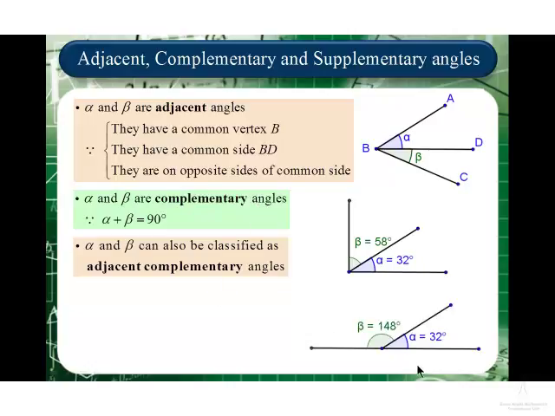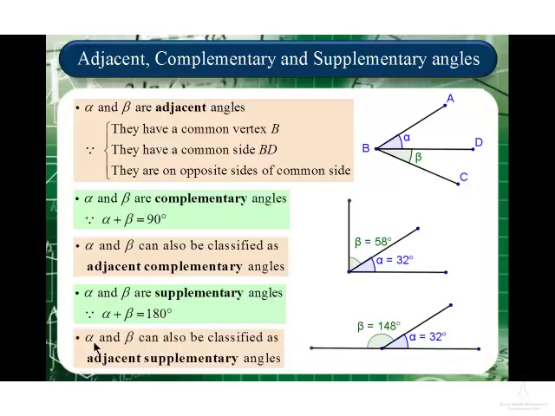Let's have a look at this particular representation where the sum of two adjacent angles alpha and beta adds up to 180 degrees. Then we refer to these angles as supplementary angles, and we can also describe alpha and beta in such a case as being adjacent supplementary angles.